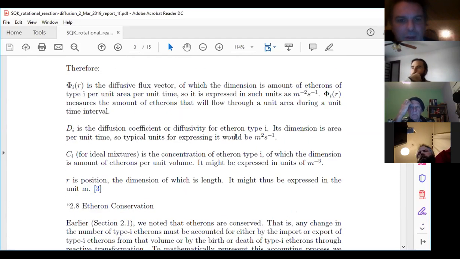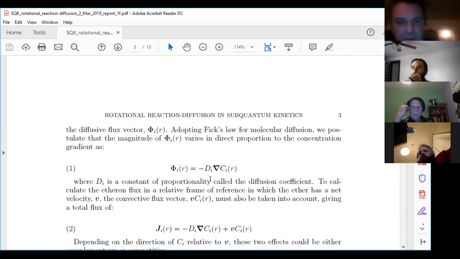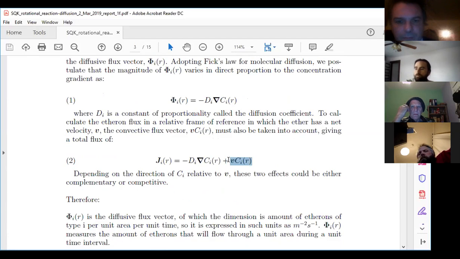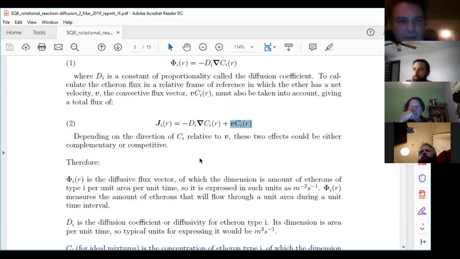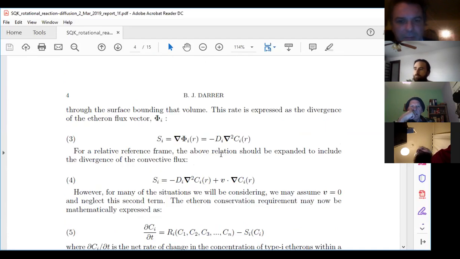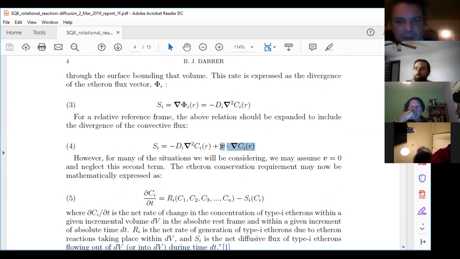Then you said we may assume v equals 0 and neglect the second term from any consideration. So you've taken that out, and then you're left with this term here, and that's identical to the term in Model G, dg by dt and dx by dt.